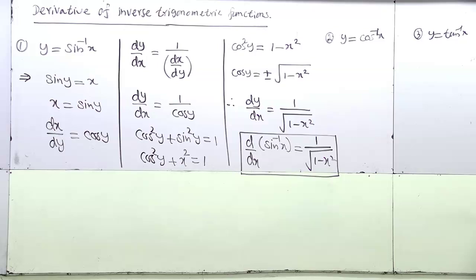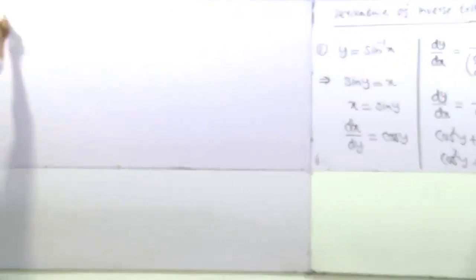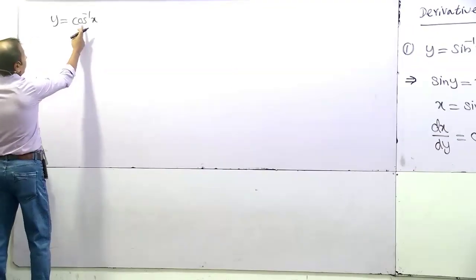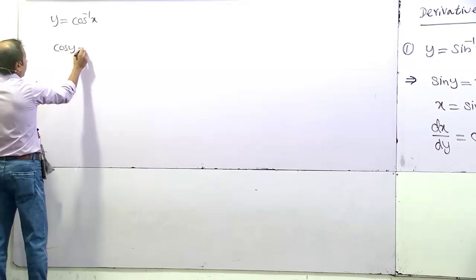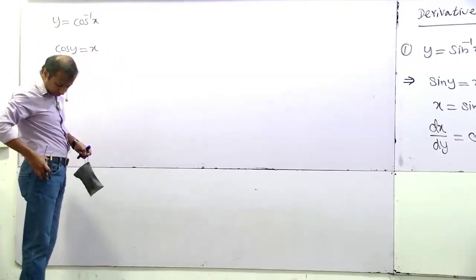y equals cos inverse x. I can write this one, bring this cos inverse to this side, then we have cos y equals x.